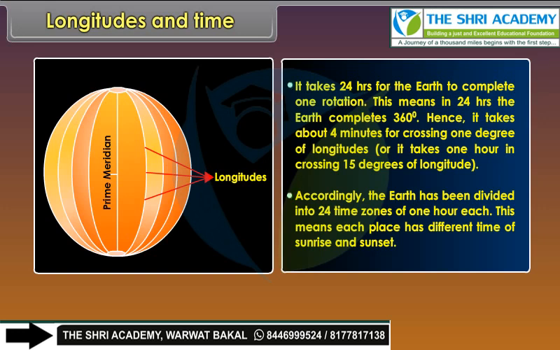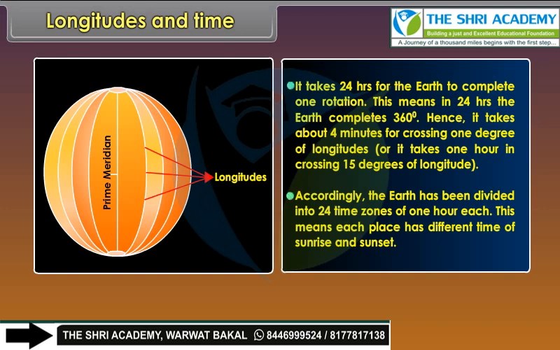Hence, it takes about 4 minutes for crossing 1 degree of longitude, or it takes 1 hour in crossing 15 degrees of longitude. Accordingly, the Earth has been divided into 24 time zones of 1 hour each.